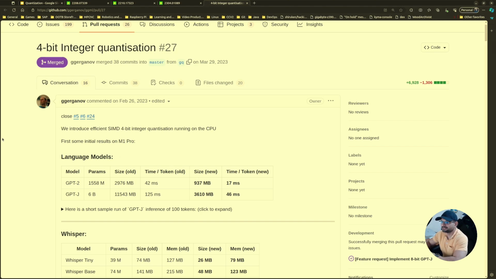So they can quantize the 6 billion parameter GPT-J model from a size of about 11 gigs to 3.5 gigs, which is huge.